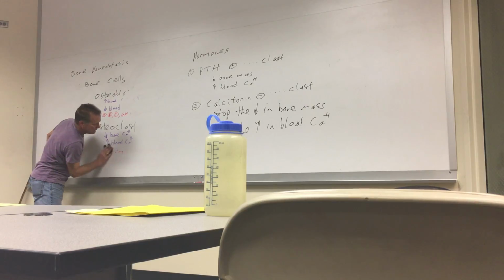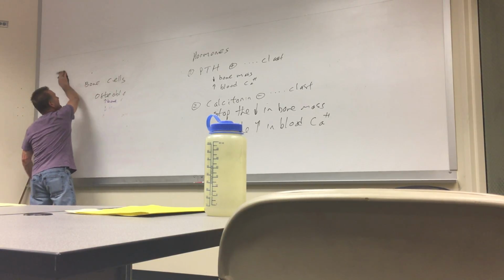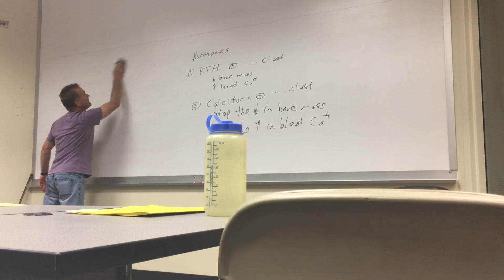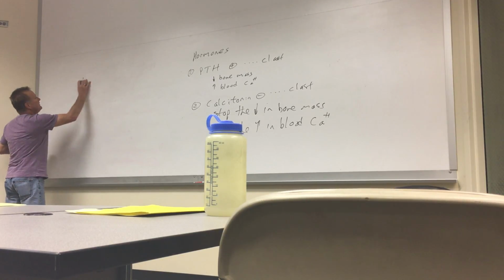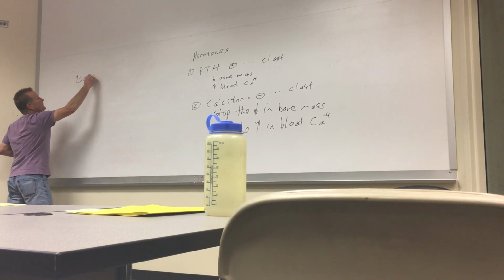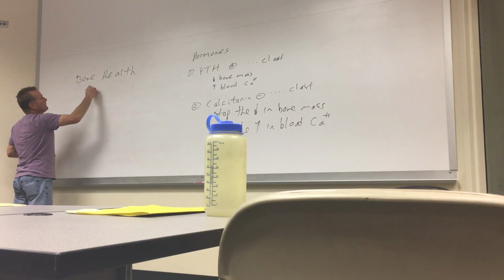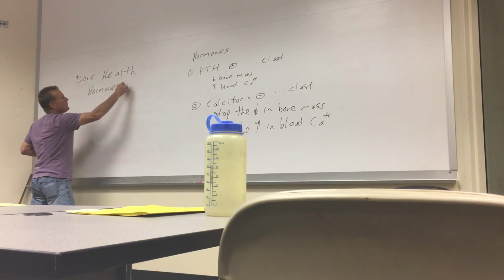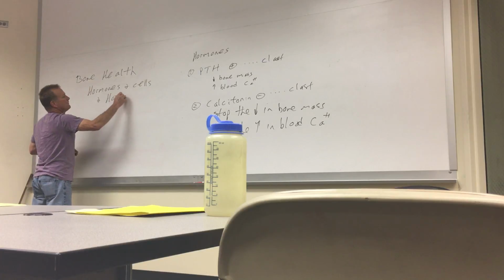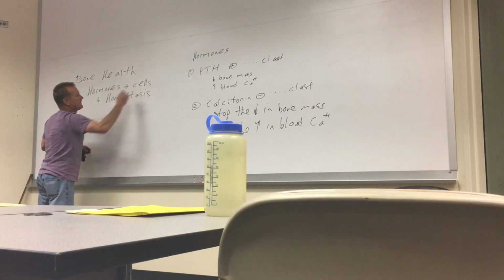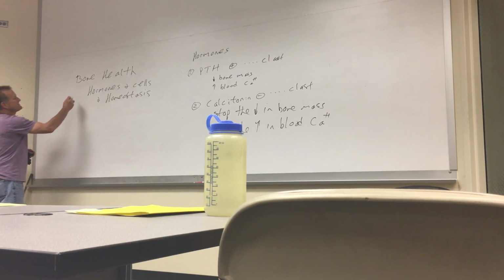For the sake of completeness, one of those things I wish I'd never said, like minimize what you have to memorize, but for the sake of completeness, if we continue to broaden this topic, call it bone health, we have the hormones and the cells, and the whole homeostasis there. But what else do we have here?